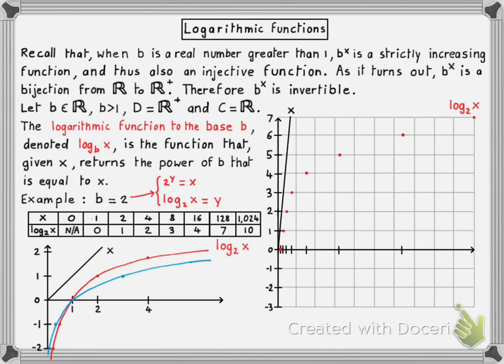But typically, we're interested in values of x that are 1 or usually larger. So this is the pattern that you need to remember. In other words, the larger the base of the logarithm, the smaller the value of the log base b of x.